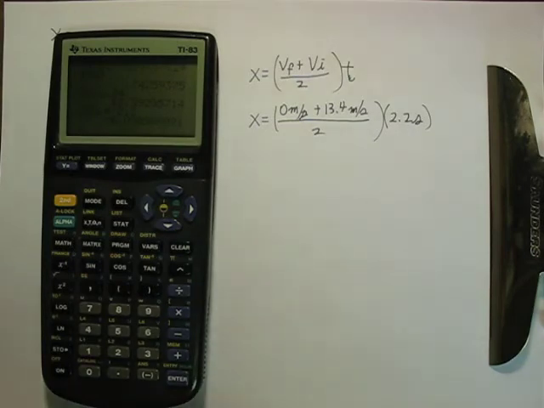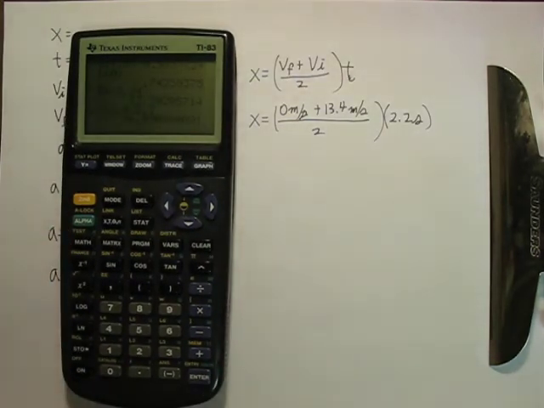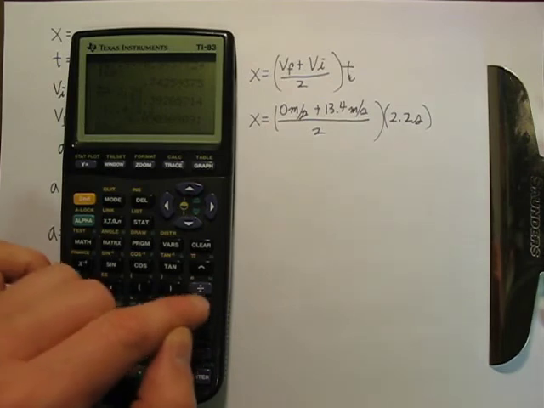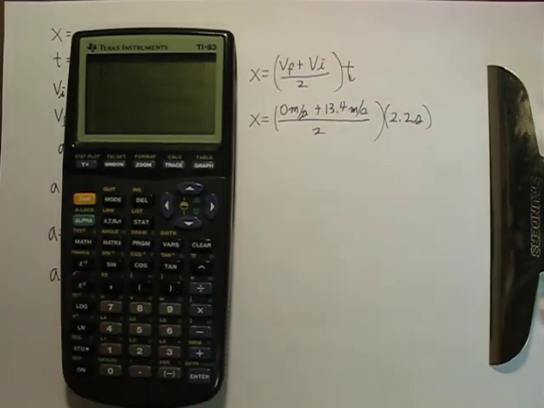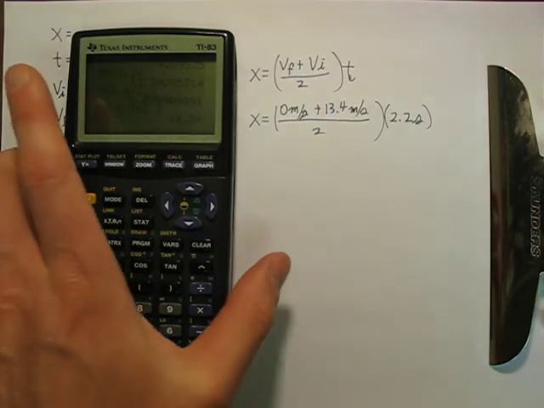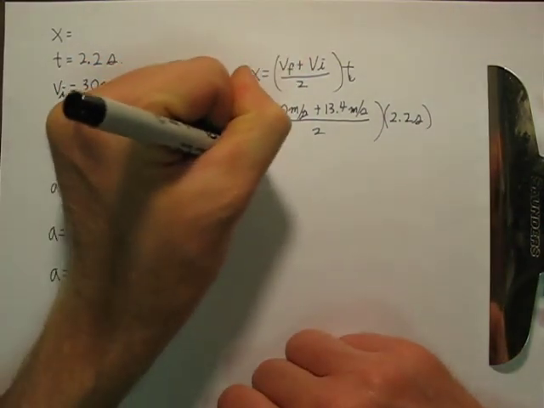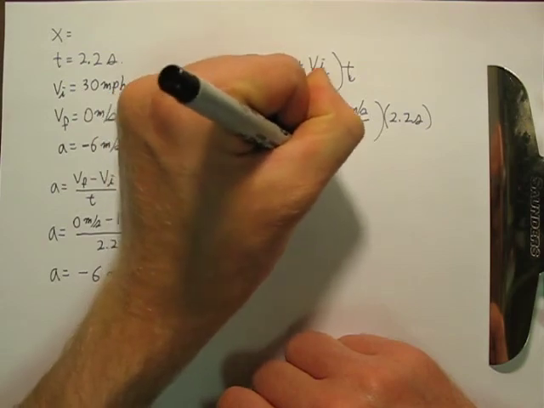Don't wait for me to just do it for you. Don't wait for other people to do it for you. Do it yourself. Okay. 13.4 divided by 2 times 2.2 gives me 14.74 meters. I'm going to call it 15 meters. X is approximately 15 meters.